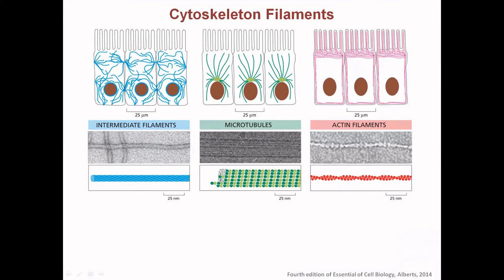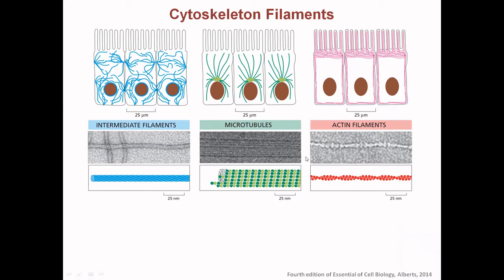So before going into the next part of the cell junction, that is anchoring in nature, the cytoskeleton that we have an introduction in the eukaryotic cell description, we will discuss it.